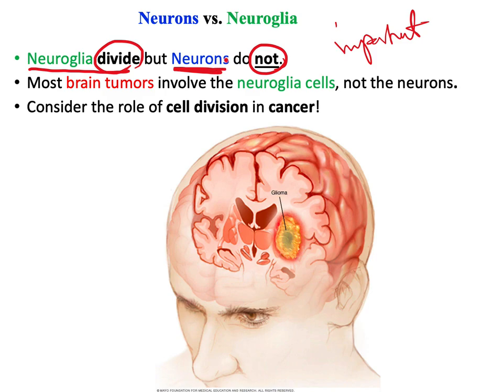There is no division, which is important, right? But the neuroglia cells, astrocytes, oligodendrocytes, and so forth, can be regenerated and replaced. That means there is division. But the price of this division of our neuroglia is a brain tumor. That means most brain tumors come from neuroglia cells, not neurons, which is important.